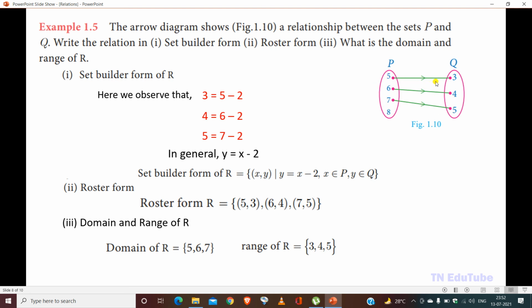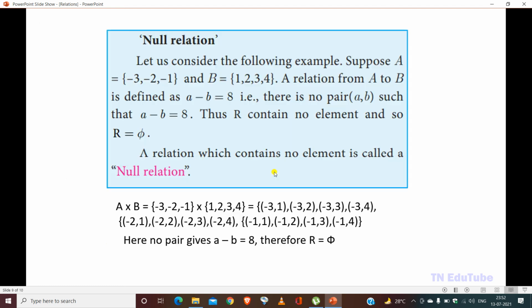The arrows end in 3, 4 and 5, isn't it? So they are images of these elements. So those elements are the range set. Here also the domain, codomain and range are the same. Okay. Here it is not asking, so you have to write domain and range.